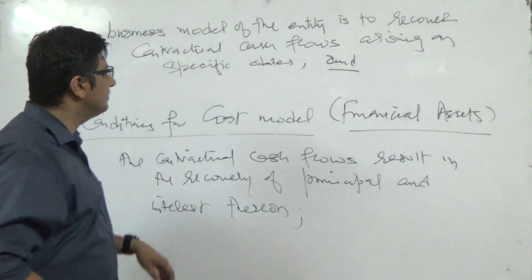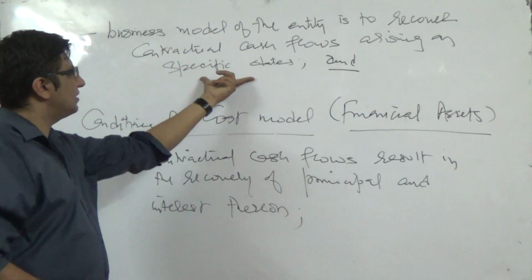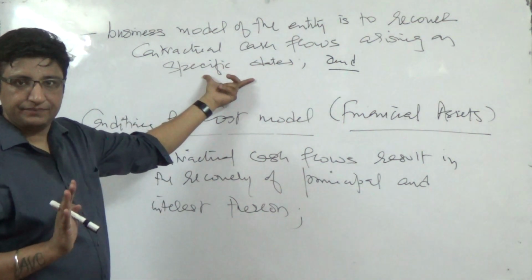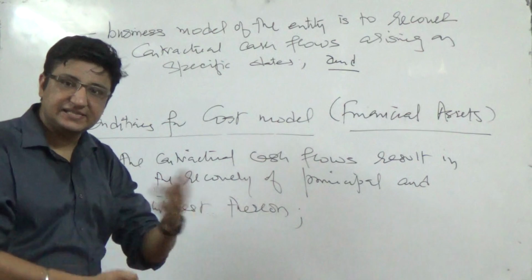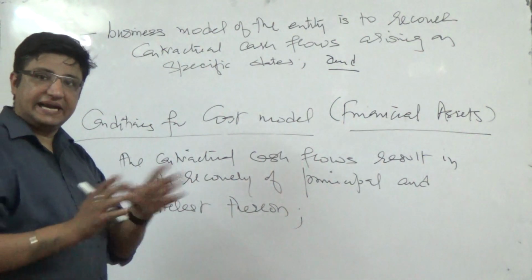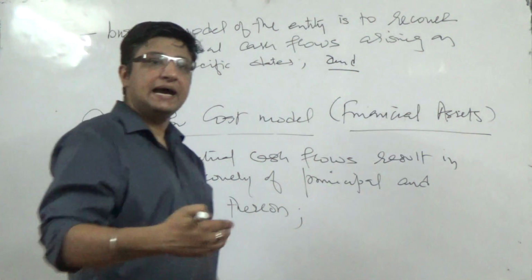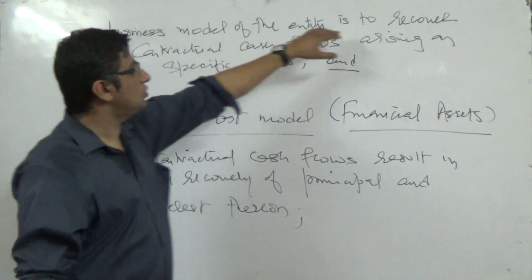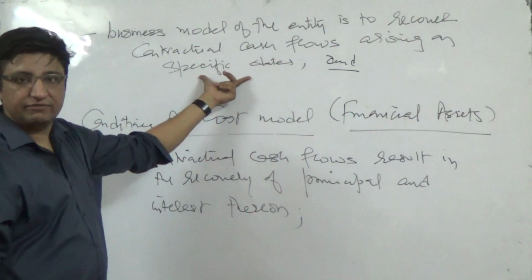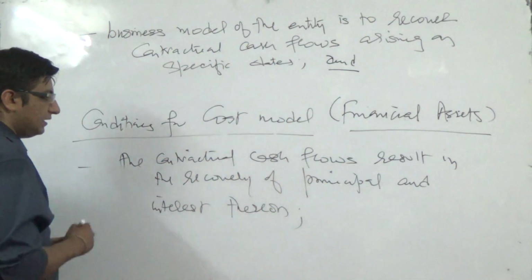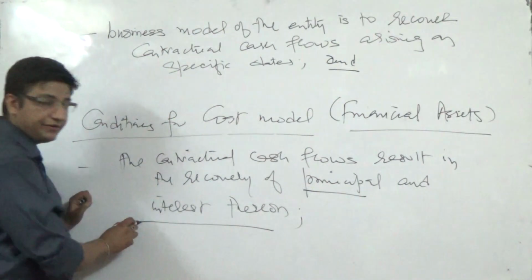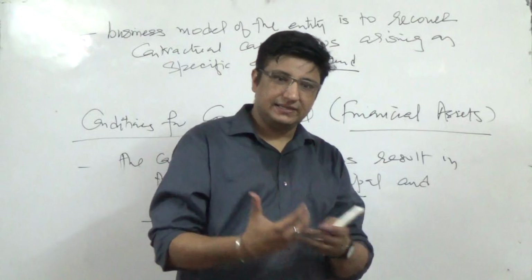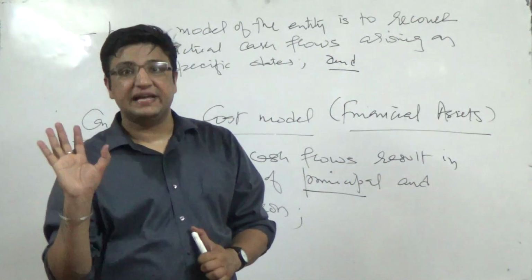Which actually means I'm not waiting for the specific dates on which my contractual cash flows would have arisen. I'm looking at realization or recovery of that investment at the earliest. The moment I see an opportunity, I realize it. Which means my model is not to recover contractual cash flows on specific dates, and for that matter, not even the recovery of principal and interest. I'm acting more of an opportunist.